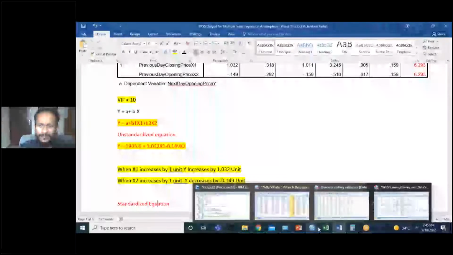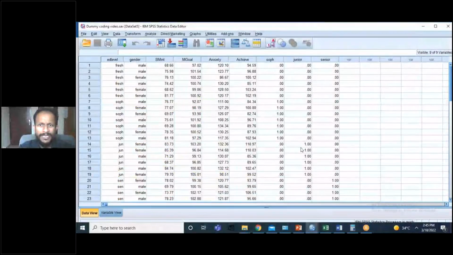For that, I have shared one data with you. Actually it's not a dummy data, it is data that we have not generated. It is already available, and that data I have shared with you.